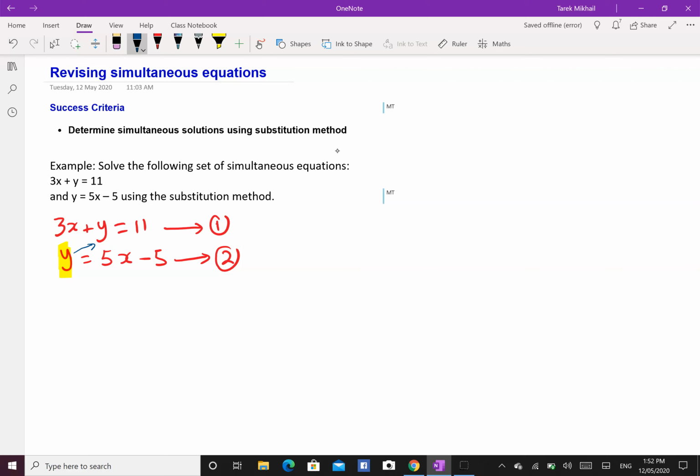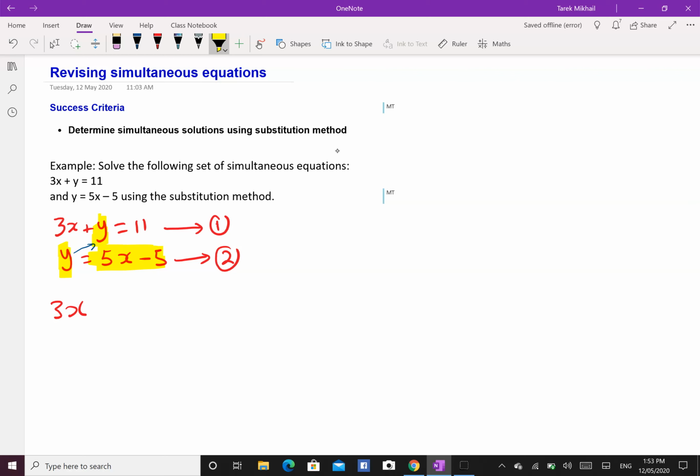So I'm going to write equation 1 again: 3x plus y. Instead of y, I'm going to write the value of y, which is 5x minus 5.